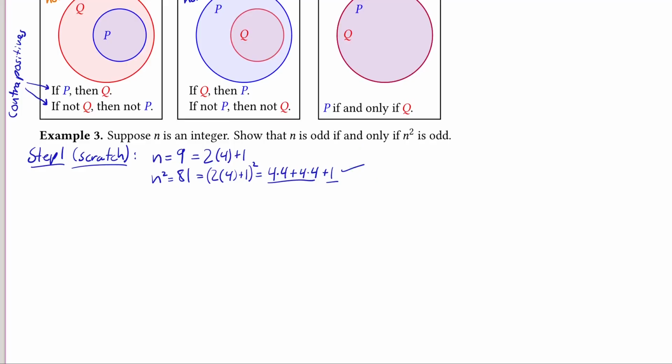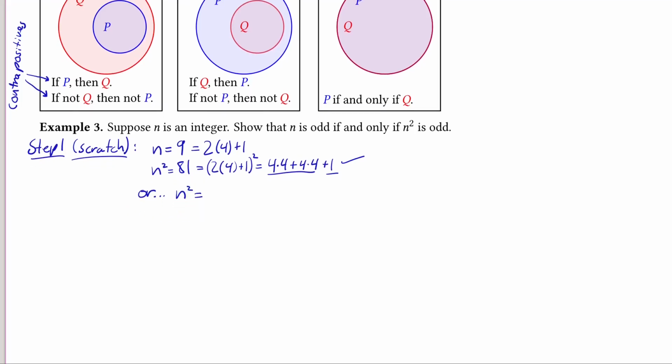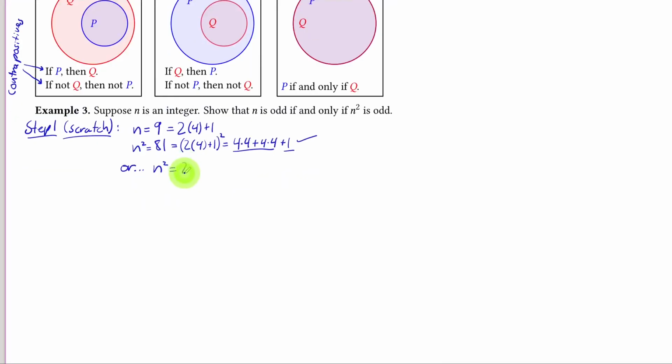What about proving the converse? Maybe we can think of a different n squared, like a square of a number that is odd. 25 is 2 times 12 plus 1. I know that n is 5, but how can we go backwards from the square root of 2 times 12 plus 1 to get 5?